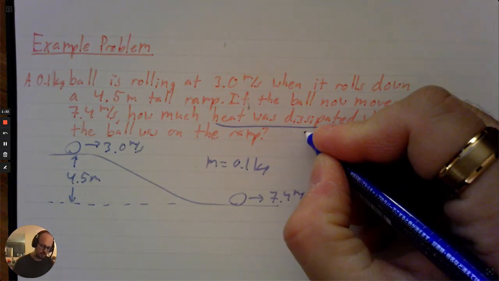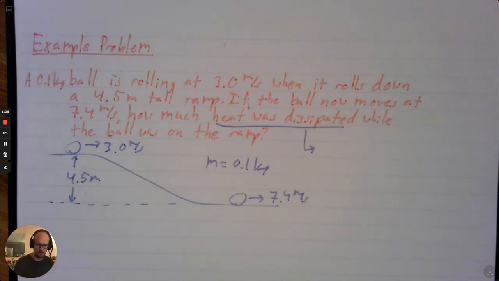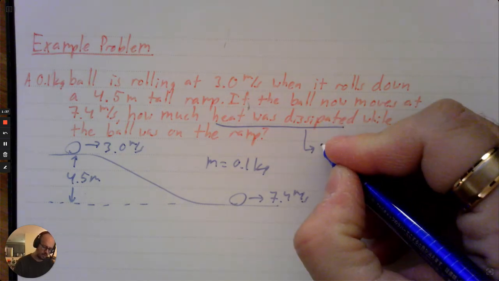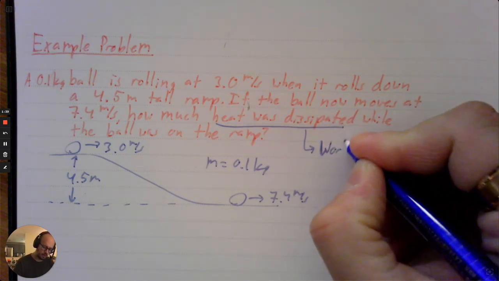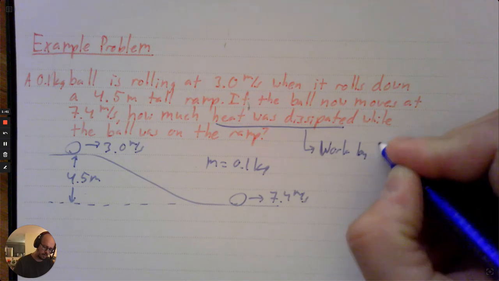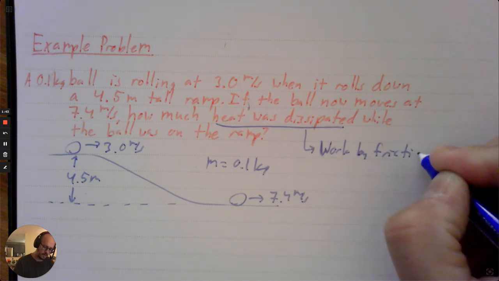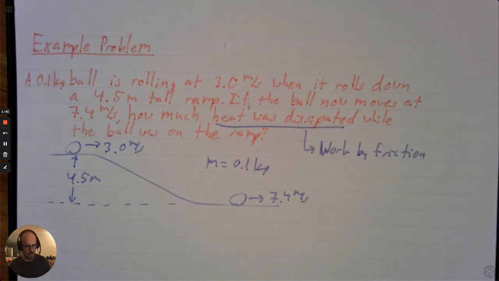This is a phrase that the AP exam tends to use to mean how much work is done by friction. Because when friction happens, there's a sliding of surfaces on one another, and that sliding generates heat, and that actually takes energy away from the system.